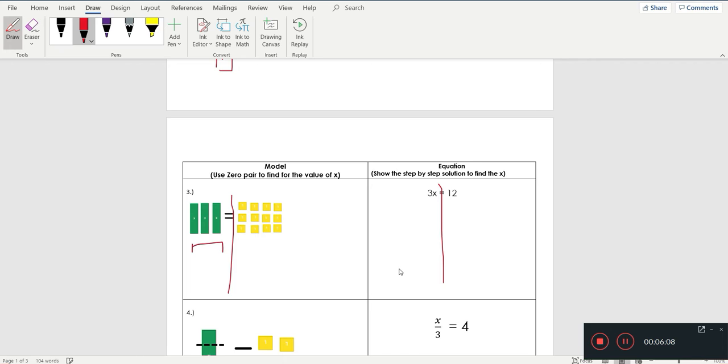I'll just draw sideways, but they're the same. 3 and 3, right? So it means I'm dividing these 3x's by 3. I'm going to divide both sides by 3. Alright, so now I cancel these. How many do you think 1x will represent?